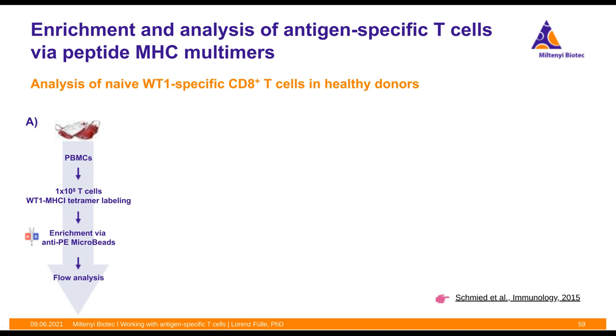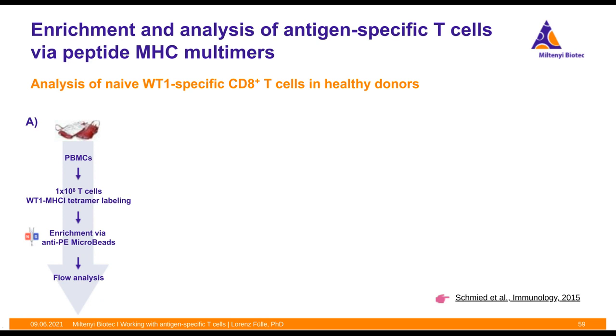It is highly oncogenic and actually ranked as one of the top tumor-associated antigens for cancer immunotherapy. However, the authors found that relatively little is known about the presence and also functional relevance of these WT1 specific T cells in healthy donors.